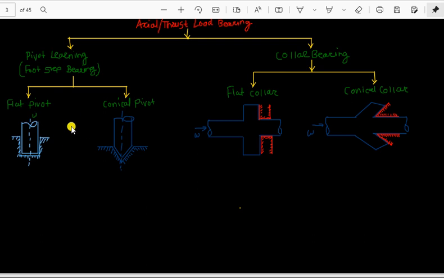So these axial pivot bearings need to be very strong, because they have to support all the load of the driven shaft. If any other machine is associated with this driven shaft, then it also should be supported by this bearing.